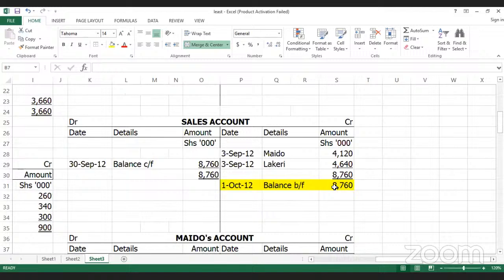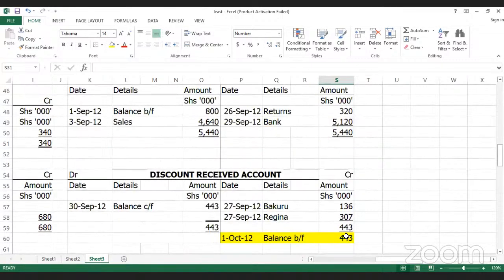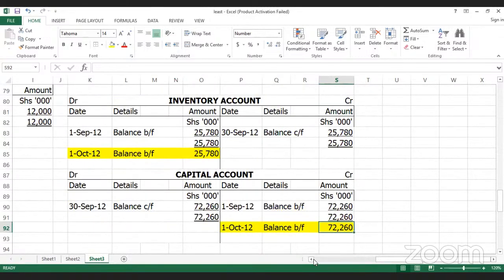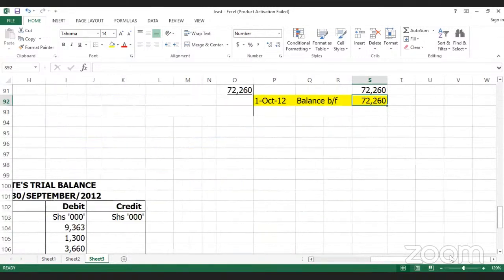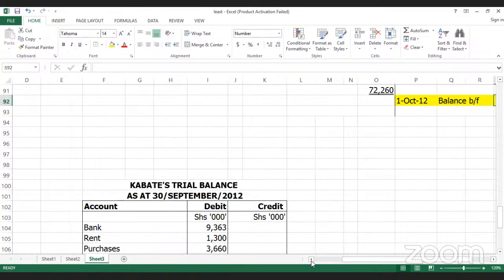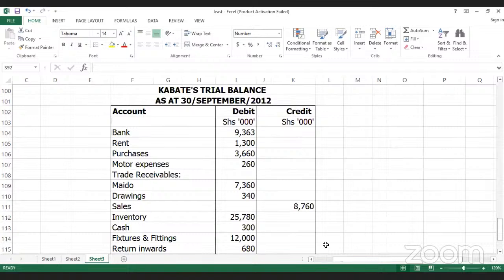When you look at sales, the balance is on the credit, that's why we inserted the sales account balance on the credit. Discount received is an income, the balance is on the credit column of the trial balance. Same with capital, credit. So we take the accounts with their balances to the trial balance. If the account has no balance, then we don't enter it. Hope I've answered you.